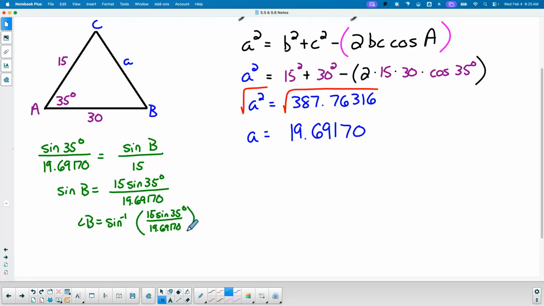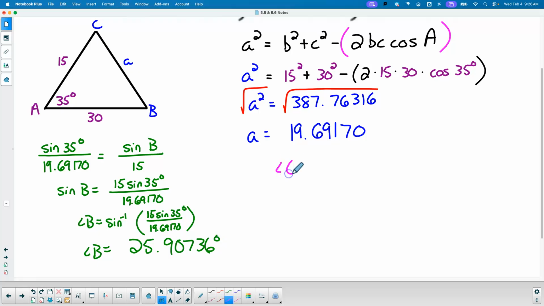So that is inverse sine of... I get angle B here is 25.90736 degrees.